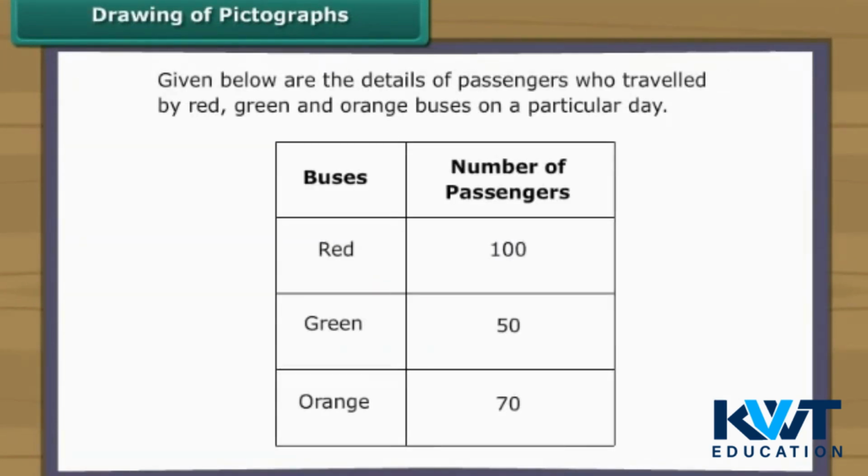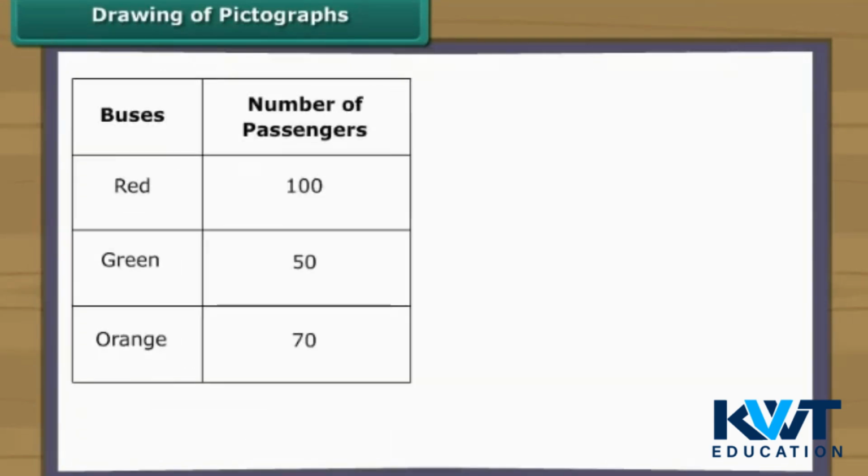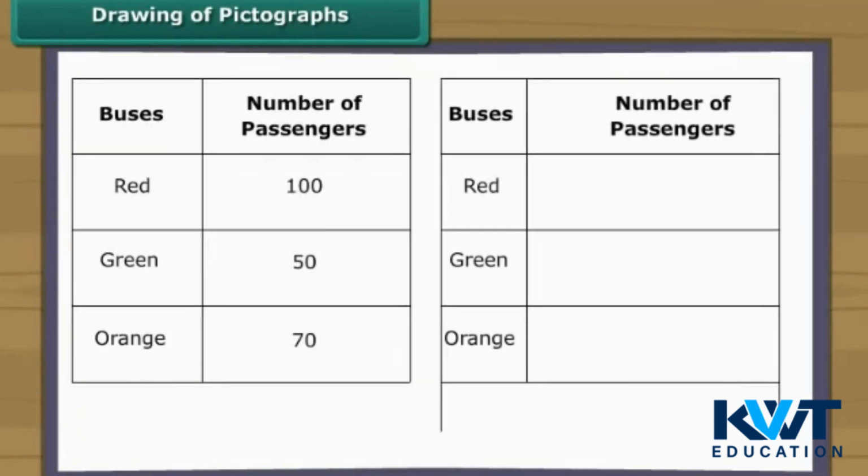Drawing of pictographs. Let us now draw a pictograph with the help of the given data. Let us use the picture of a travelling man to represent the bus passengers. As the numbers are large, we use one picture to represent 20 passengers. The red bus carried 100 passengers.